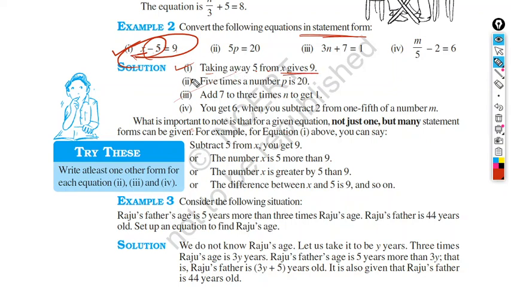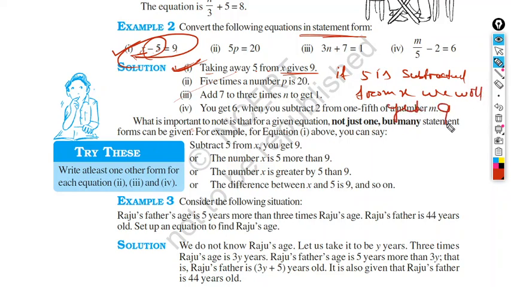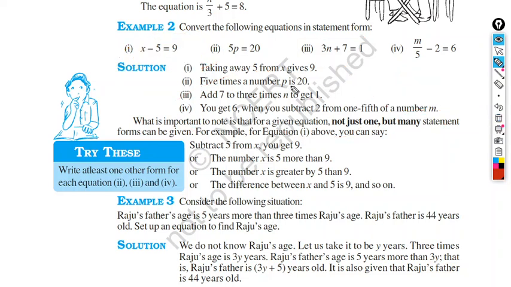Or in other words, if 5 is subtracted from x, we will get 9. There are several ways that you can write. We will write another one.